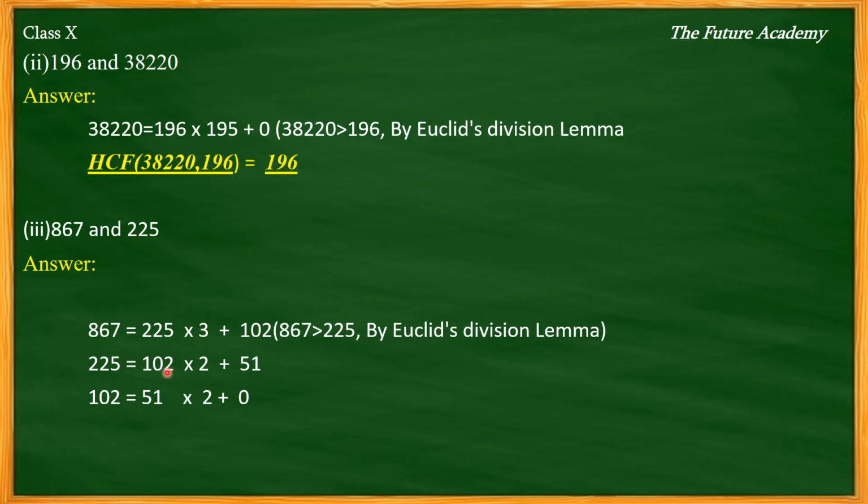Here this divisor becomes the dividend and this remainder becomes the divisor. In 102 there are two 51s, that is 102 is equal to 2 times 51 plus 0. Now the remainder is 0. So the HCF of 867 and 225 is 51.